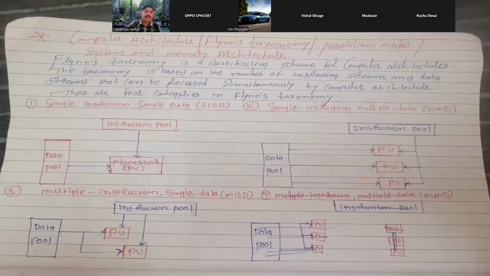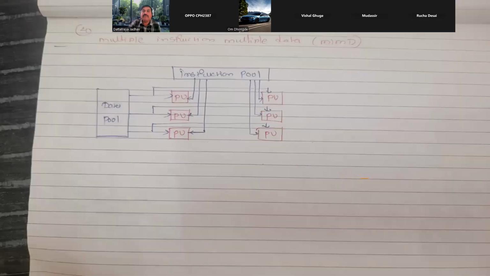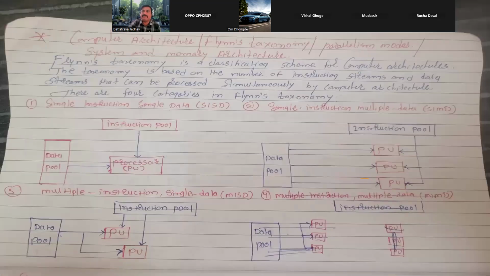So Flynn's taxonomy of computer architecture says it has four types: SISD, SIMD, MISD, and MIMD. Most of the time this question will be asked in exams.